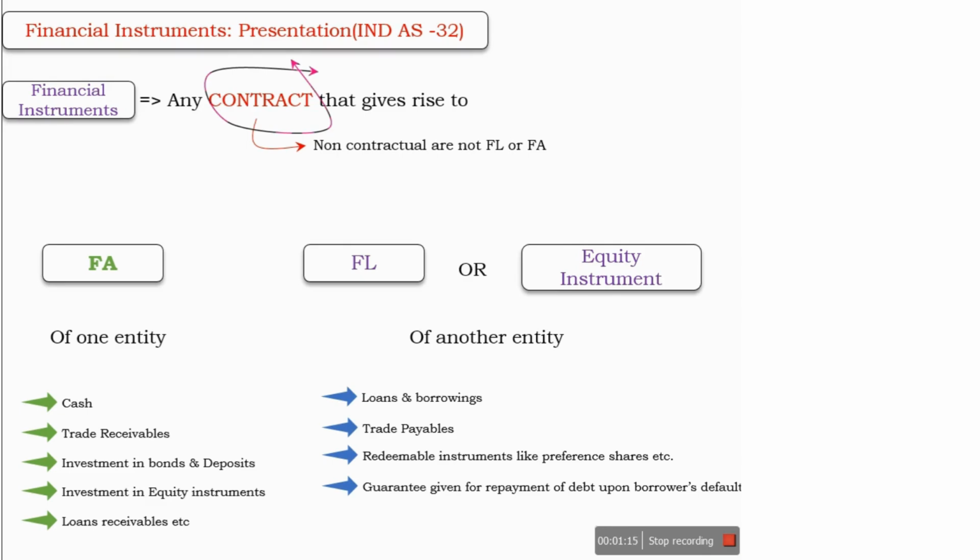For example, a liability for paying income tax is not a financial instrument because it is a statutory liability, not a contractual liability. Similarly, constructive obligations as per Ind AS 37 are also not financial liabilities because they are not generated because of contracts.